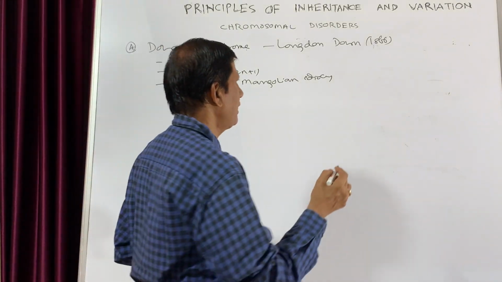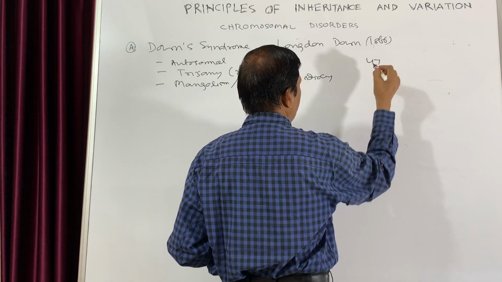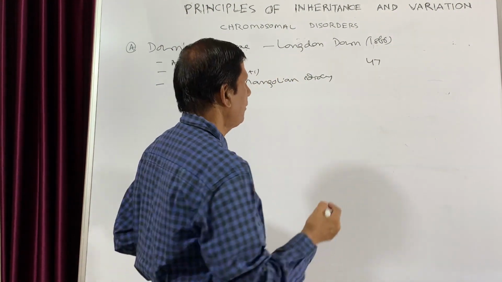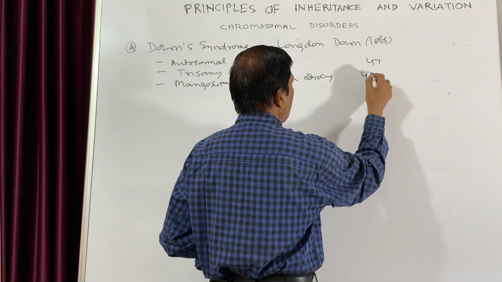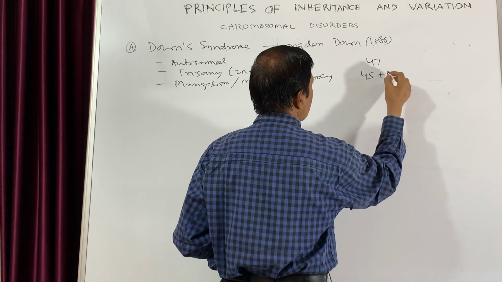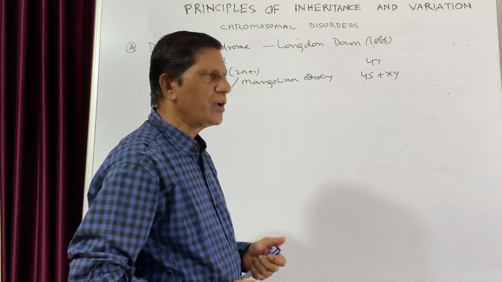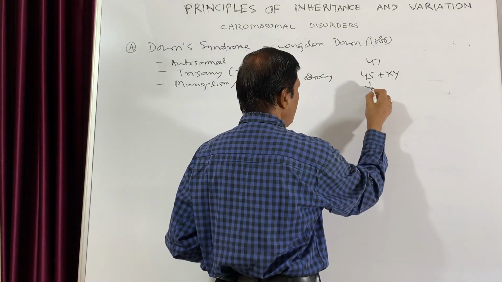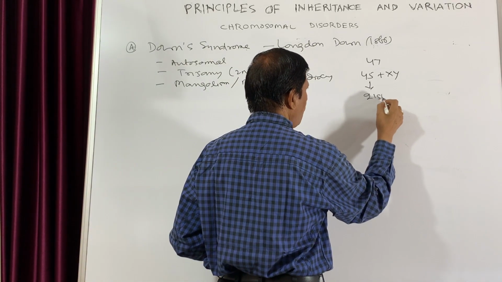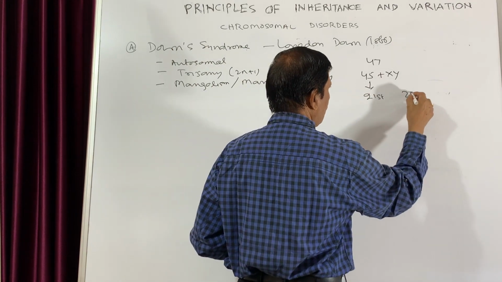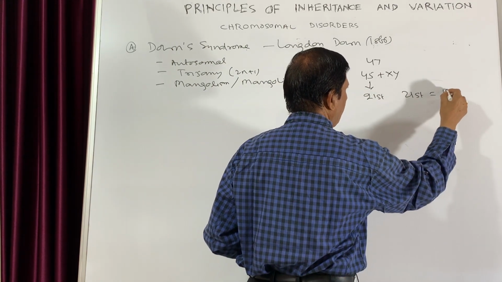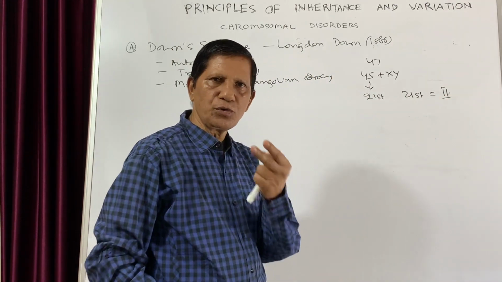That means it will be 47 chromosomes. So these 47 chromosomes are 45 plus 2 sex chromosomes. So this extra autosome is the 21st one. That means the 21st chromosome should be present in a pair, that means 2.